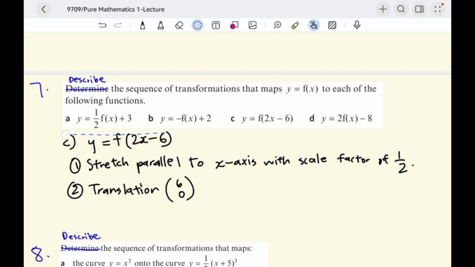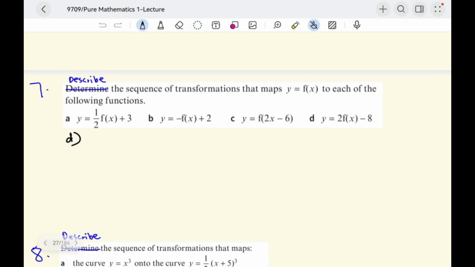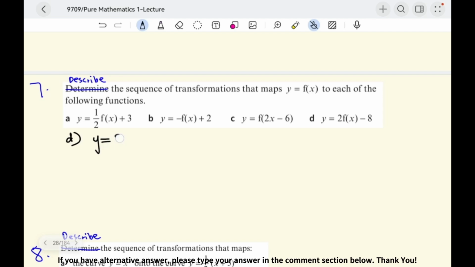So let's take a look at D. Part D is y equals to 2f(x) minus 8, and I will not discuss this too long because this part is similar to B and A. I will just write whatever I know.